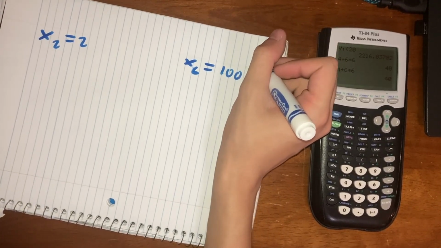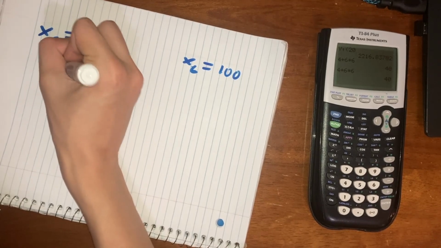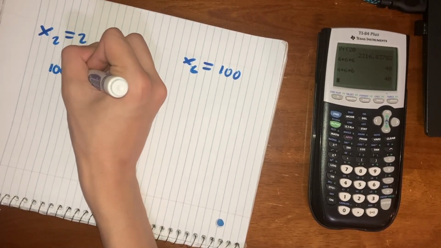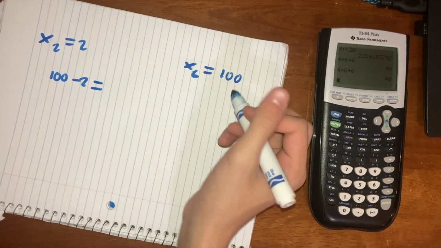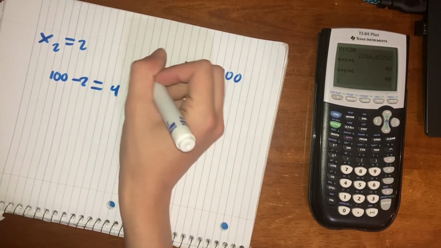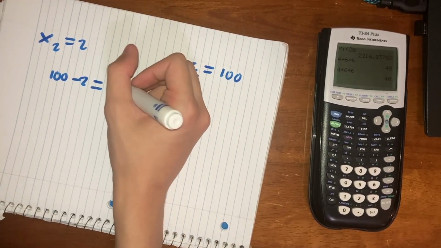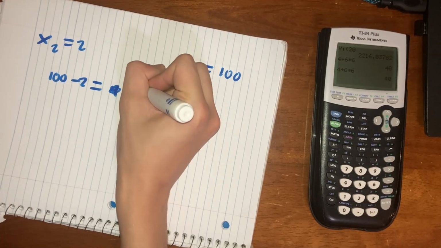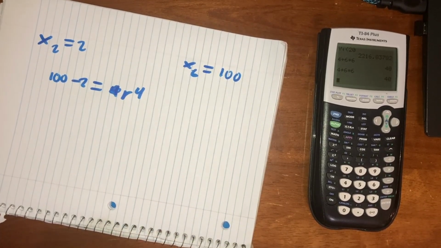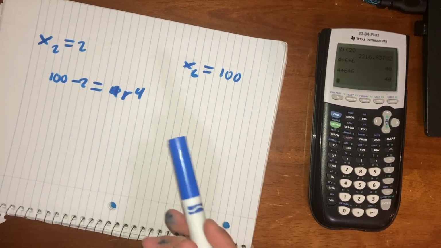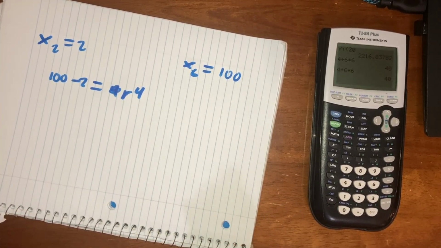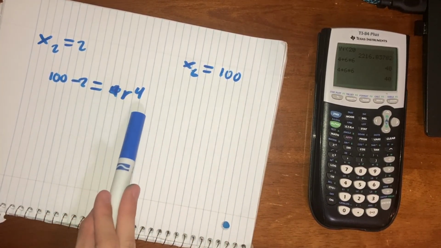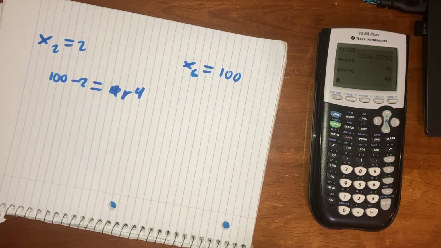So we can do 100 minus 2 again, getting our difference, equals the common ratio to the power of 4. This works the same way as the other one, how we used multiplication to show the repeated change in arithmetic sequences. Instead, in this case, we're showing the repeated change in a geometric sequence.